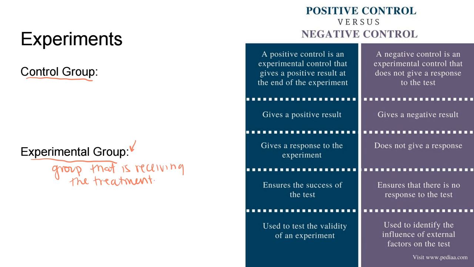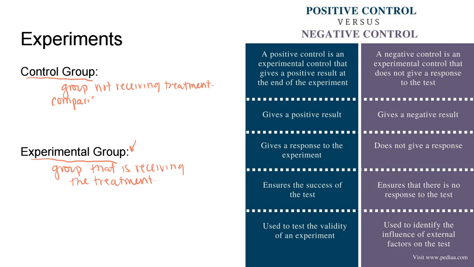The control group is the group that's usually not receiving treatment. It's under normal conditions or it's not getting anything. In medicine, it would be called the placebo group. And the purpose of the control group is for comparison.